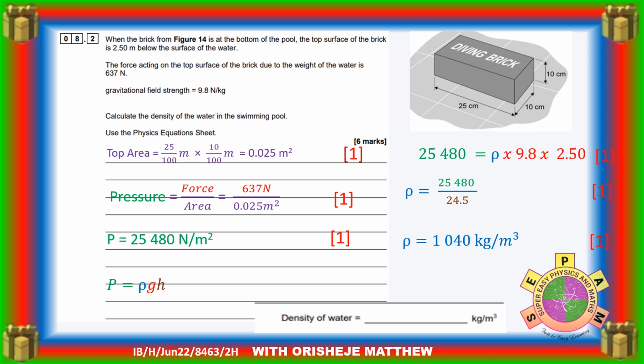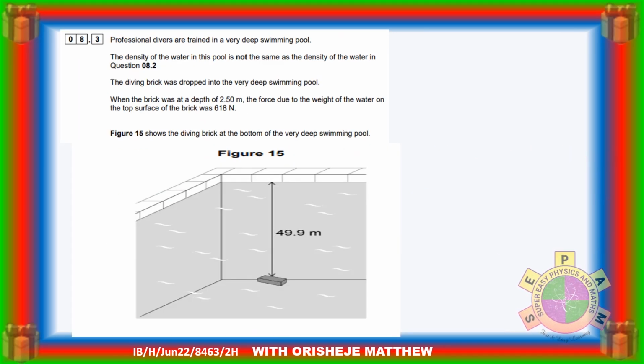Let's go to question 8.3. Professional divers are trained in a very deep swimming pool. The density of the water in the pool is not the same as the density of the water treated in question 8.2.